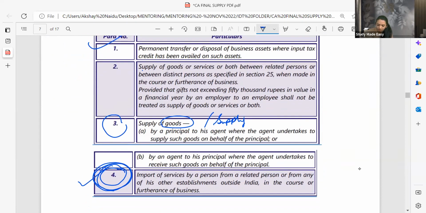First of all, I am focusing on this third one because it is comparatively smaller as compared to this. Again, it is specific for supply of goods.